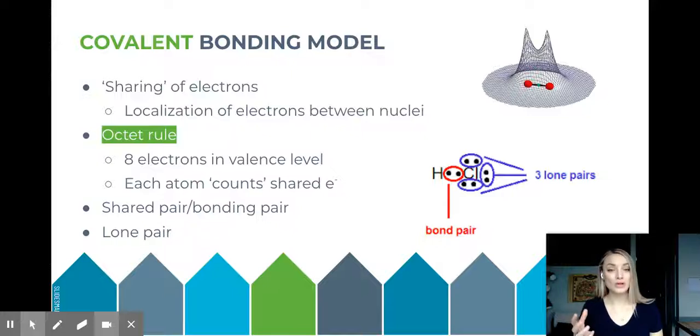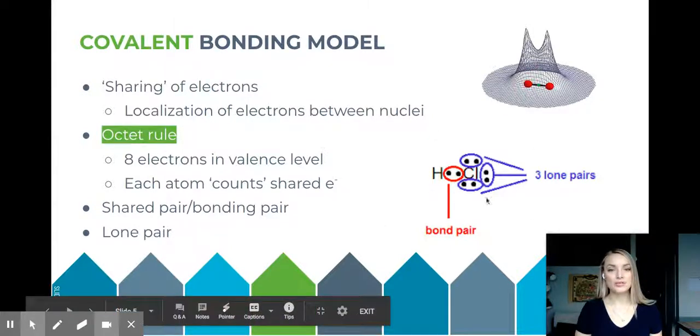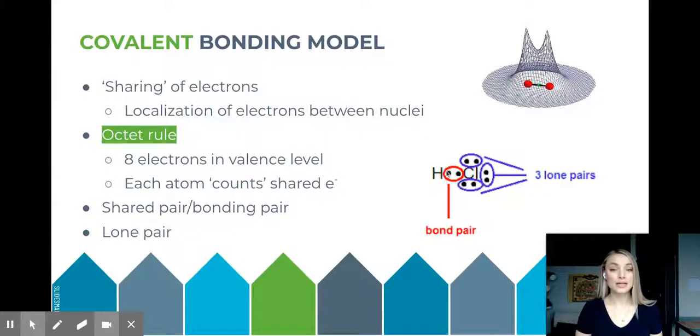And when we have a covalent bond, each atom counts a shared electron towards their octet. So if you look at this diagram right here, where we've got hydrogen bonding with chlorine, hydrogen has 1 electron, and it is sharing that 1 electron with chlorine. So chlorine now feels like it has 8 total electrons.